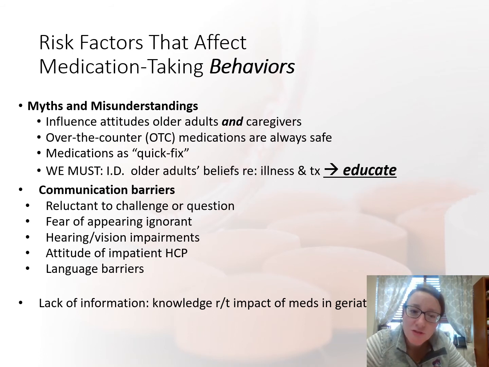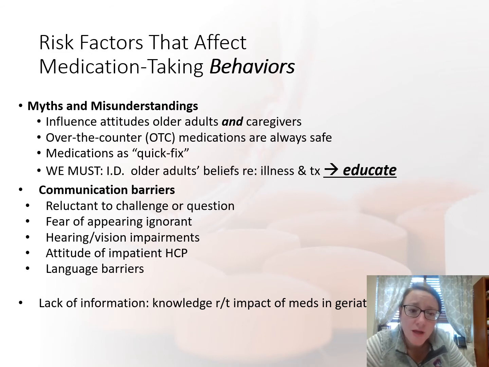But we don't actually do a full evaluation, and we don't look into why this is happening, because again, that is not a normal age-related change. So we must identify what the older adult's belief is, what their norm is, and act in an individualized approach to combat these misunderstandings.